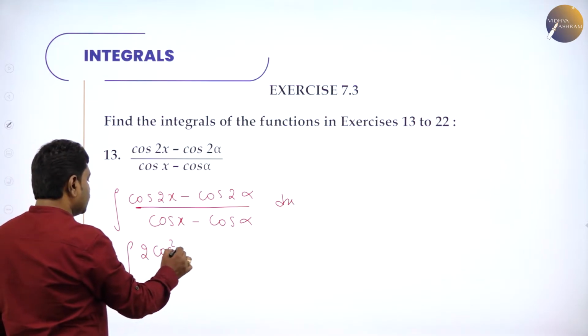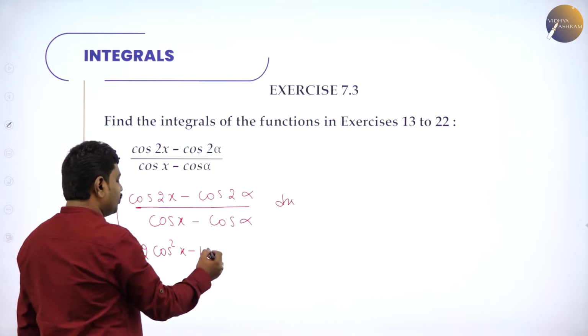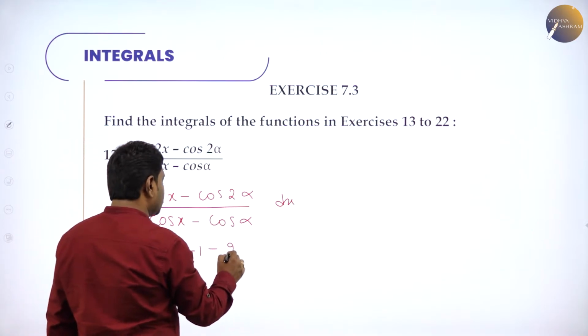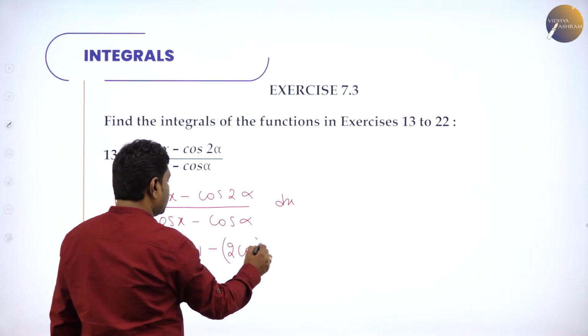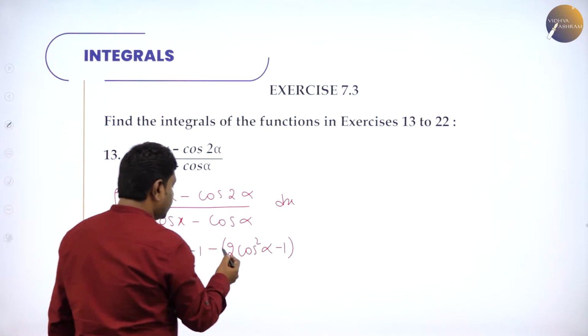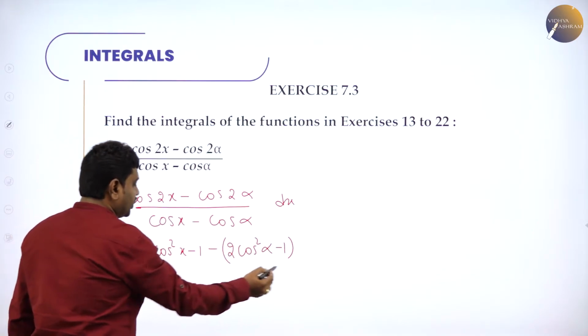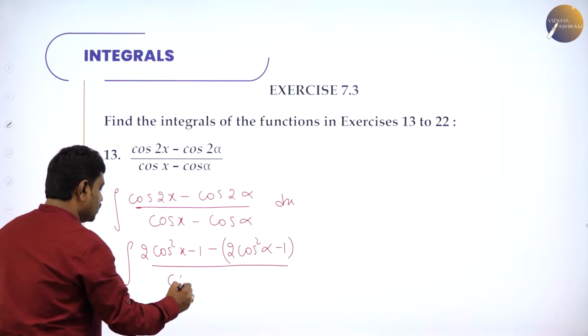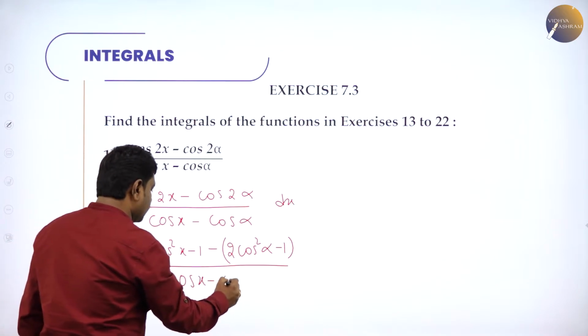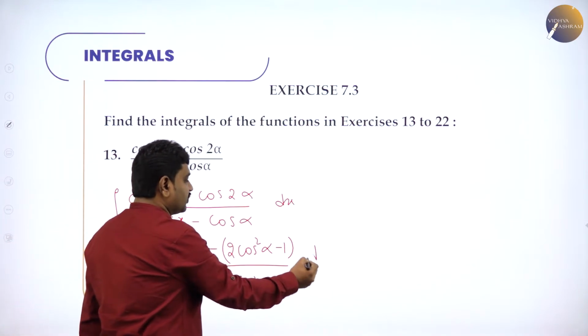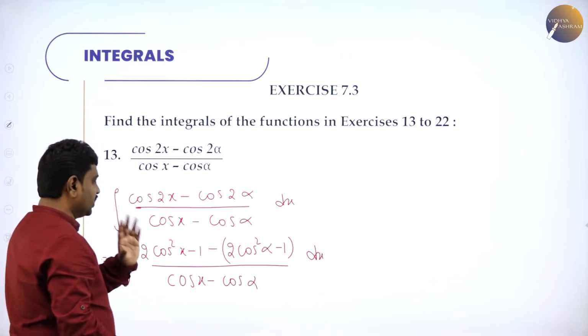x minus 1. In between we have minus, and cos 2 alpha can be written as 2 cos square alpha minus 1. Don't forget to put the brackets because here we have minus, divided by cos x minus cos alpha with respect to what? dx. Now simplify the numerator.